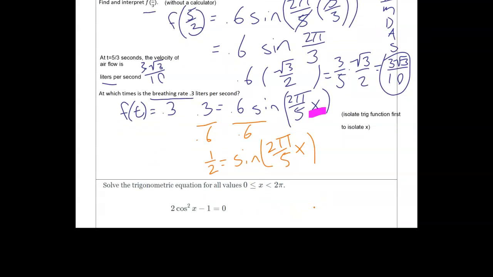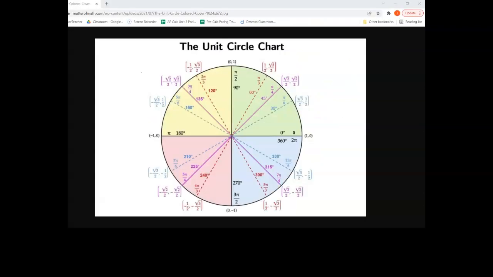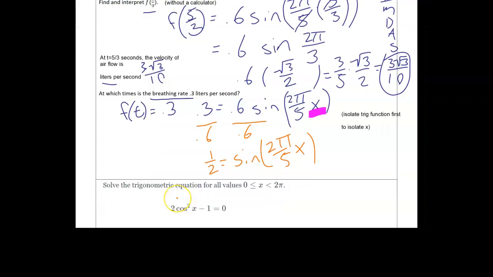And notice my sine spits out a nice even value. So I want an x such that my sine is a positive 1 over 2.